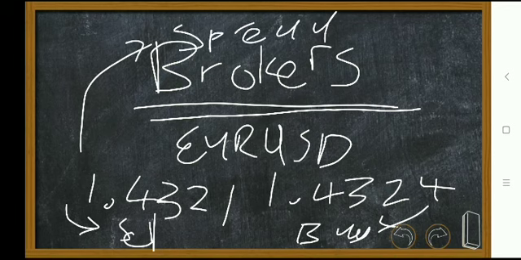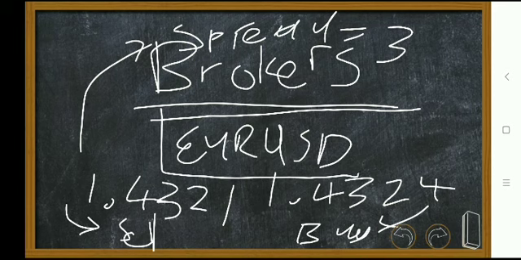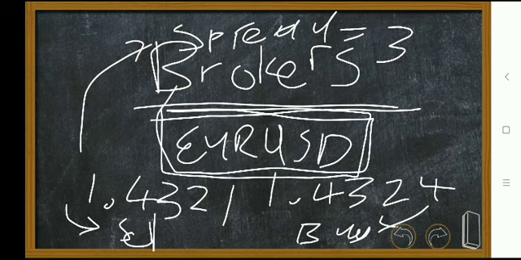The spread you will find written 3, because that's the difference between the sell and buying price, or the bid and ask price. So these brokers will give you the price for this currency pair. This is their price for this currency pair.